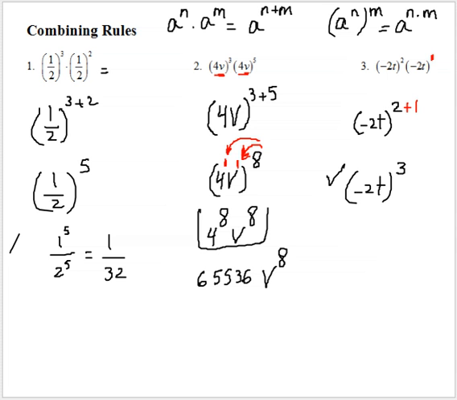All right. So if I were going to expand this, what do I have? I have negative 2 to the power of 3, t to the power of 3. So what would be the result here? What is negative 2 to the power of 3 equal to? Okay, Sandra, you said 9.